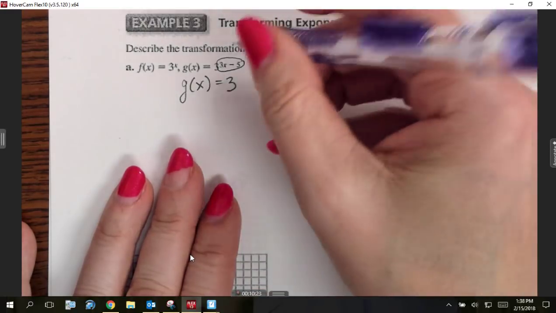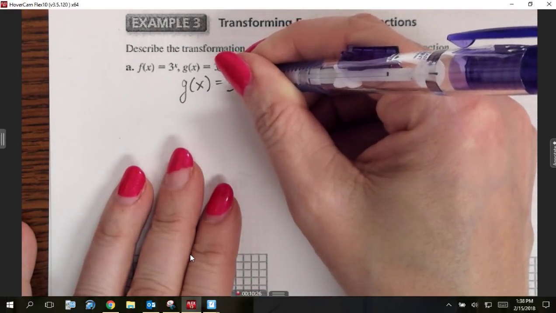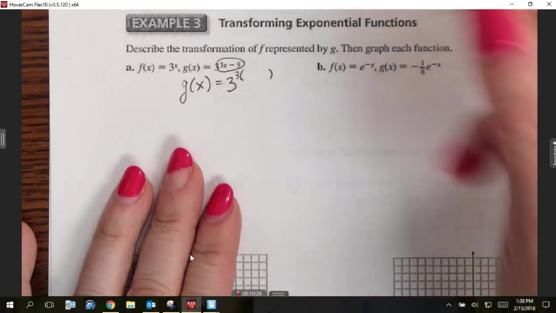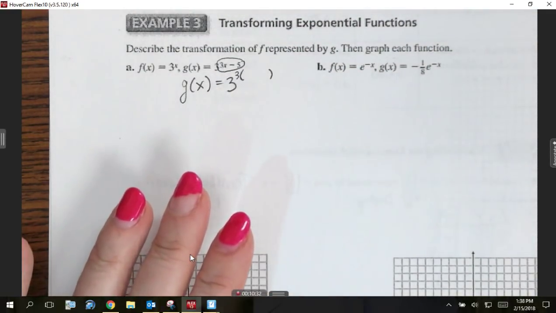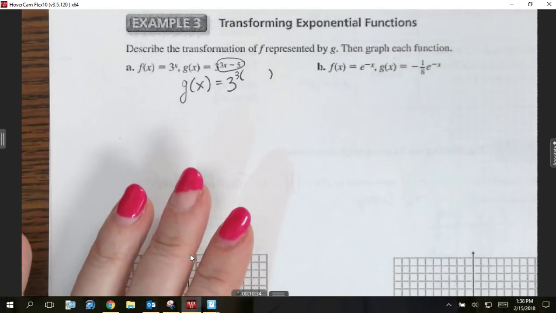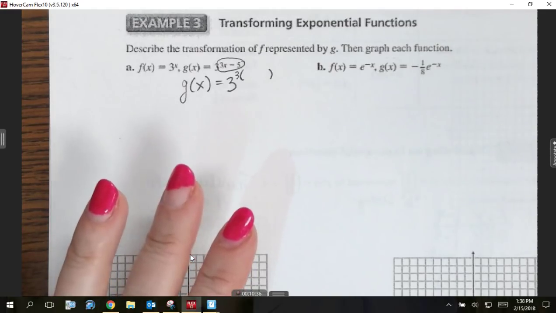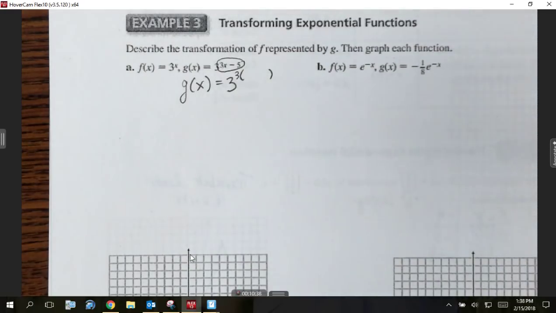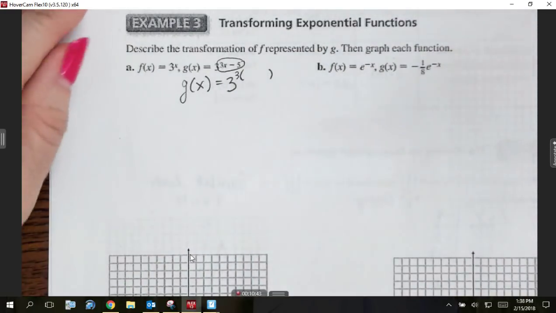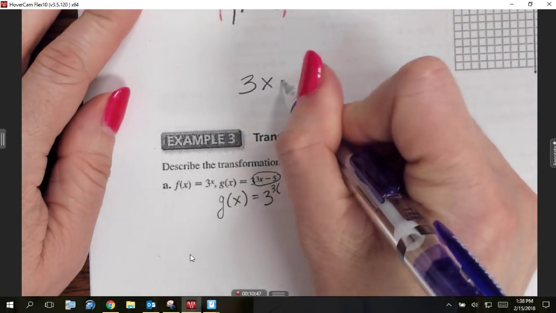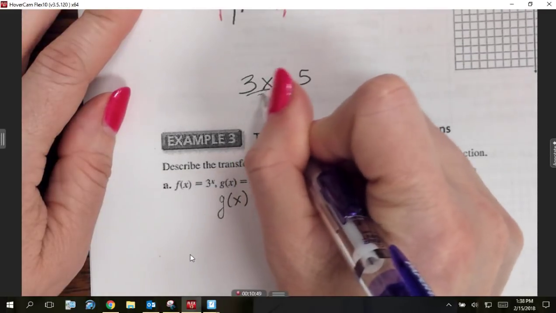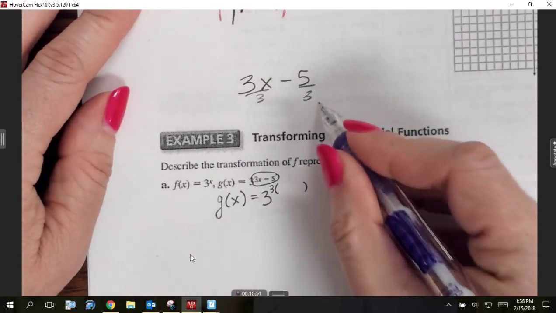What I have to do is pull the 3 out. It's still going to be in the exponent, but I have to pull it out of the 3x minus 5, just like we would factor it using greatest common factor, but it doesn't factor out of 5. If I'm trying to factor out 3, I'm using what operation?